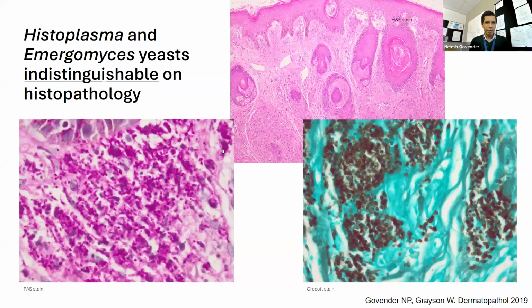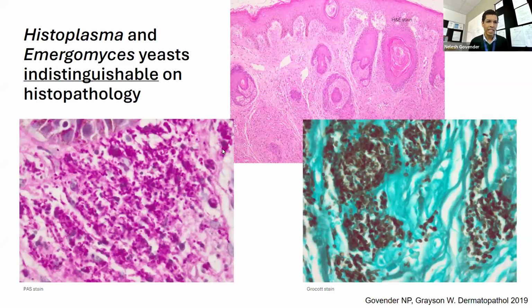So, just to go back to my take-home message, histoplasma and emergomyces yeasts are indistinguishable on histopathology. I've shown you there are 3 different stains on this slide. There's the classic H&E stain, which is just blue and pink.